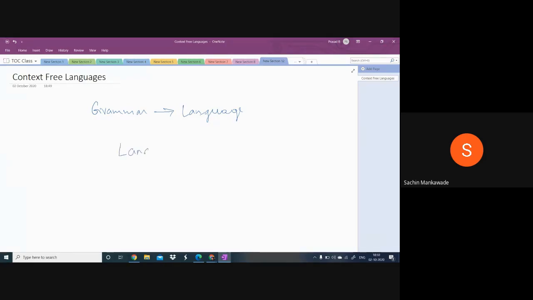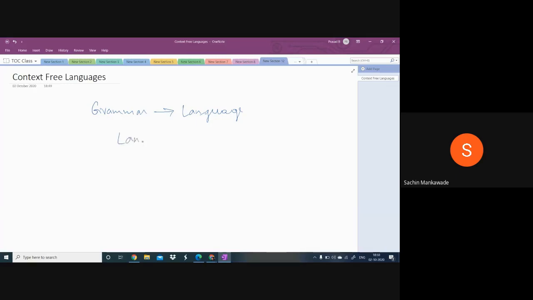I repeat, language can be defined based on the grammar. So the type of language will be defined by the type of the grammar.